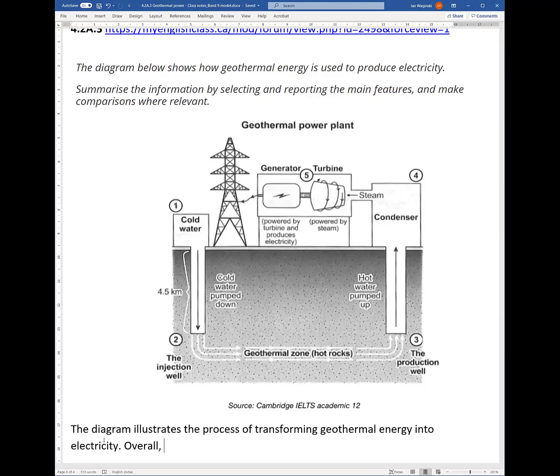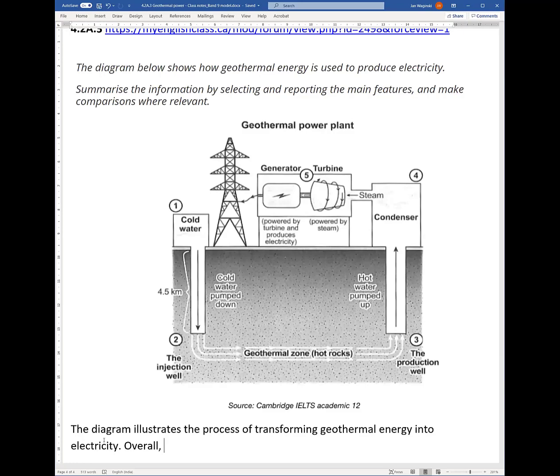The condenser produces the steam which goes through the turbine and generator to make electricity. Yep, something like that.